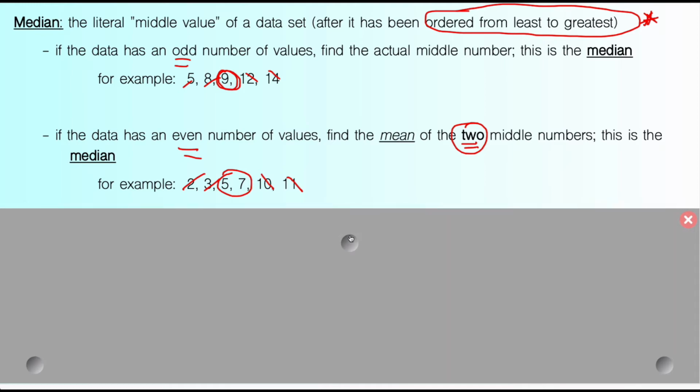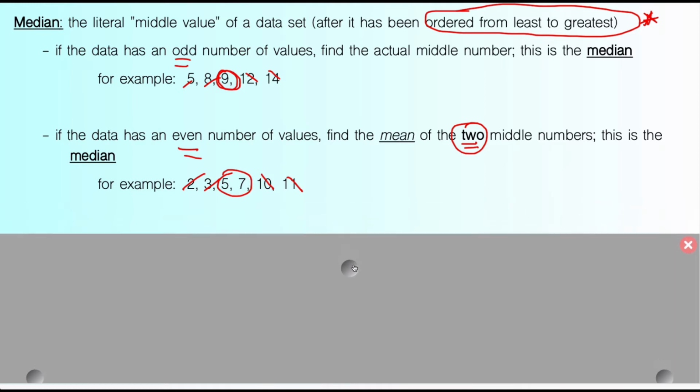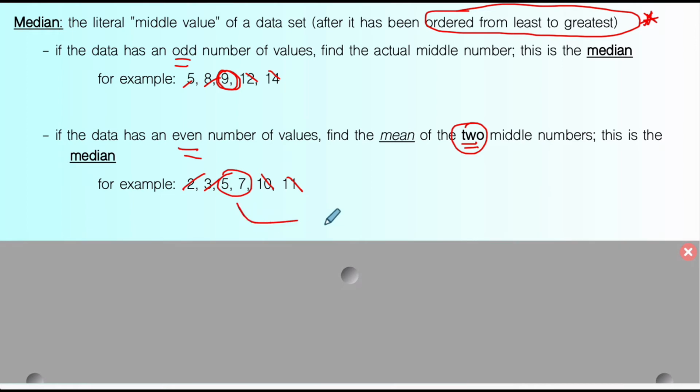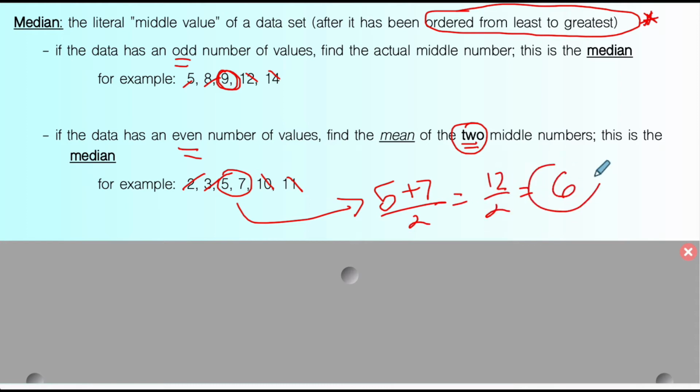And the way that you will find the actual median here is you're going to take those two middle numbers, 5 and 7, and you're going to find the mean of those two numbers, meaning you're going to add them up and divide by 2. So 5 plus 7 is 12, divided by 2 is 6. So the actual median of this data set is 6.